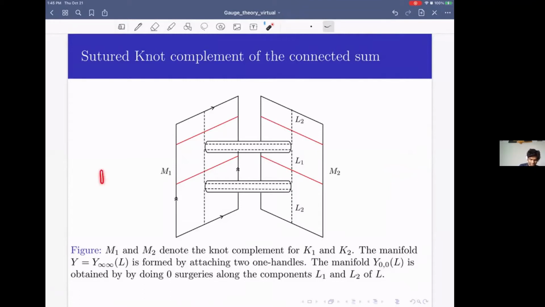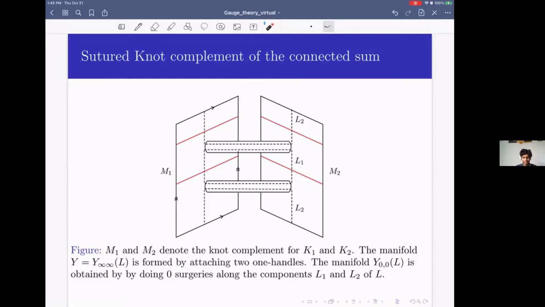So on the left-hand side, I have my knot K1 with slope gamma_n, a large enough slope so that this member is close enough to the limit. Similarly, on the right-hand side, I'm looking at the knot K2 with slope gamma_m, where m is again large enough, so that this is close enough to the limit.